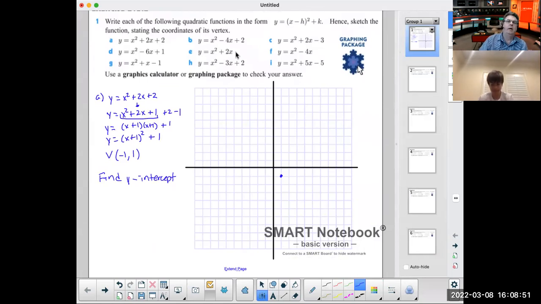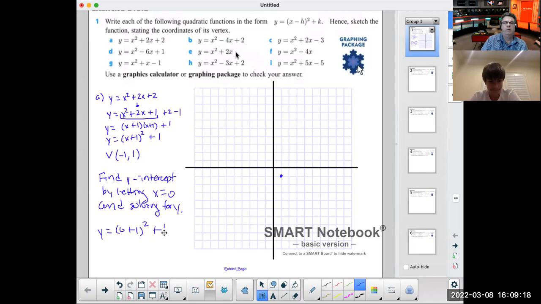Mhm. Okay, so any coordinate on the y-axis has an x-coordinate of 0. So by letting x equals 0 and solving for y, right? In this case, it would be y equals 0 plus 1 squared plus 1, which would be 1 plus 1 or 2. So it's this guy, right?